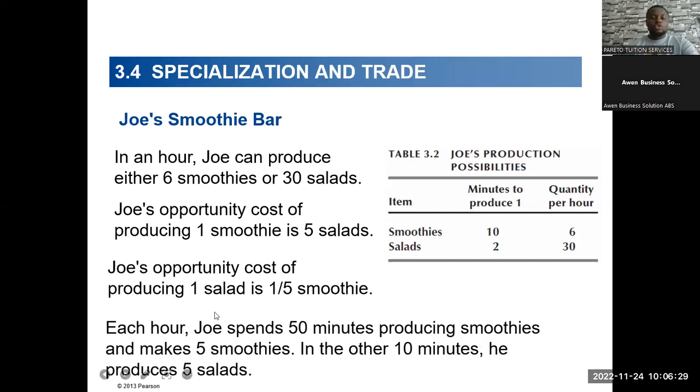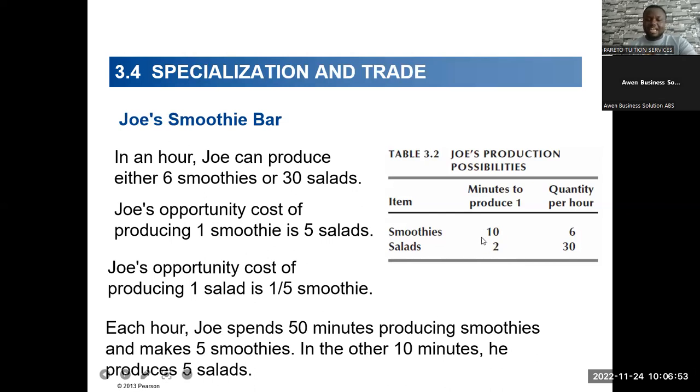But Joe uses 50 minutes to produce smoothies, which means that he can only produce 5 units. Remember, 10 minutes for one unit. Then the other 10 minutes will be used to produce what?